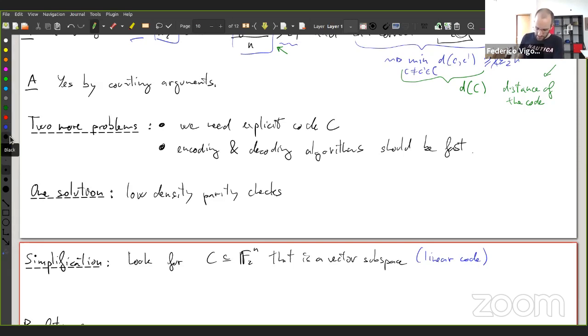By linear algebra, if you have such a linear set, we can describe it by choosing a basis, or alternatively, we can describe it in terms of a matrix.